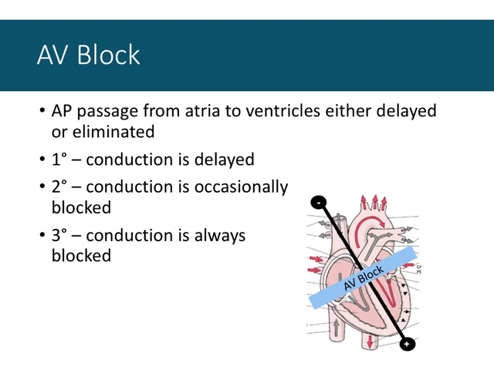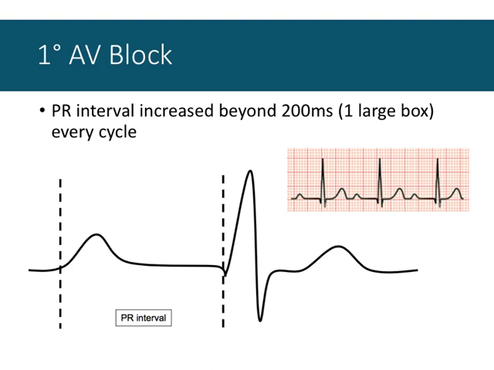So first degree block, where conduction is delayed, is fairly simple, and it only presents as an elongated PR interval, which makes sense because that represents the transit time for the signal from the atria to the ventricles.